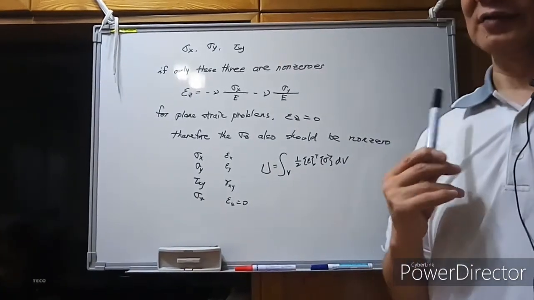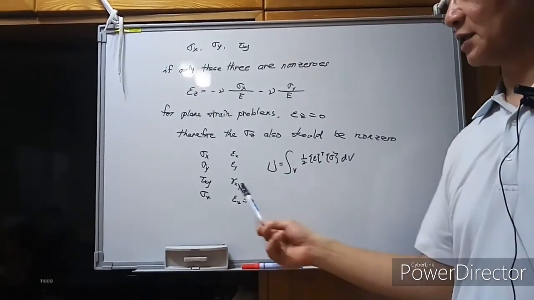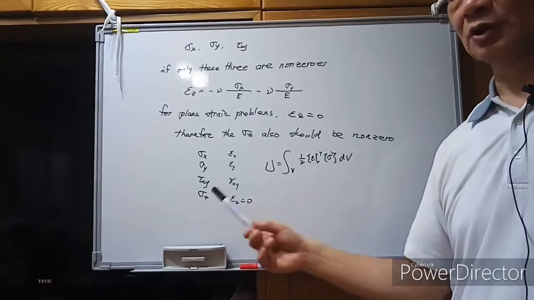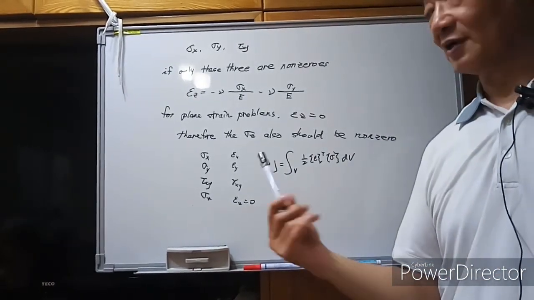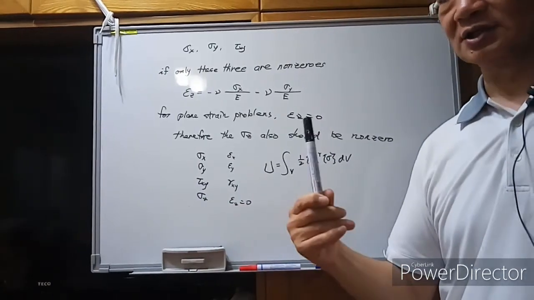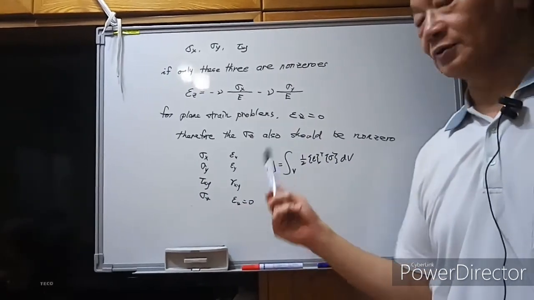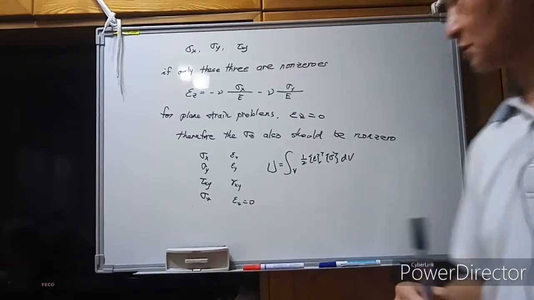Therefore, although we have non-zero sigma z, when we multiply these two terms together, they will not contribute to the final strain energy of the structures.